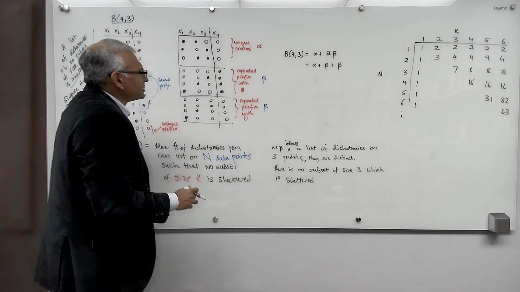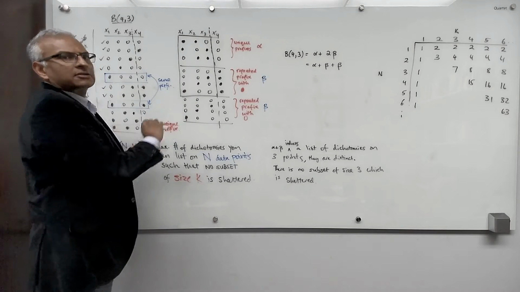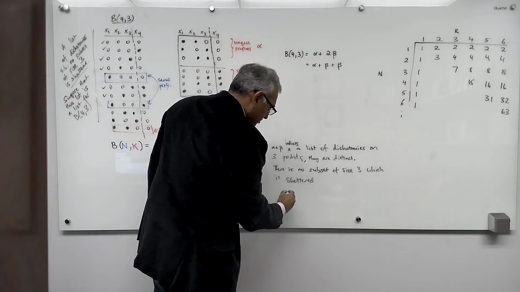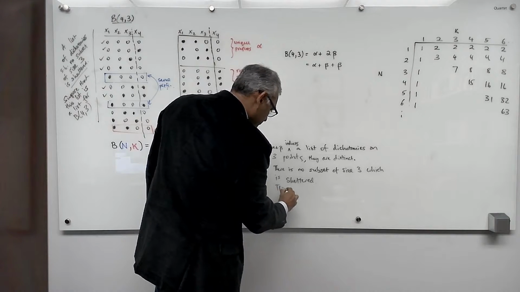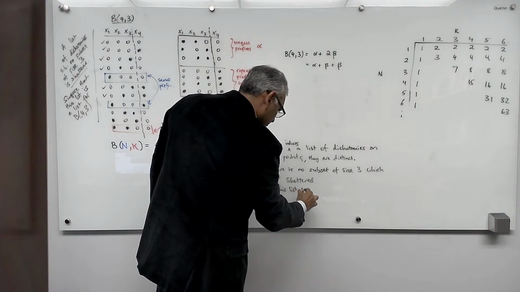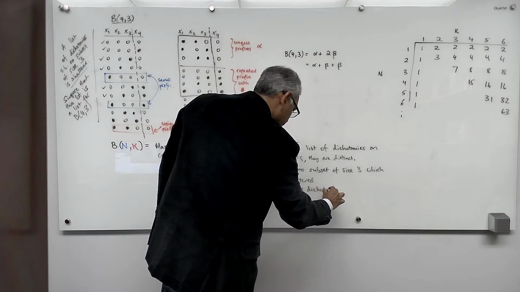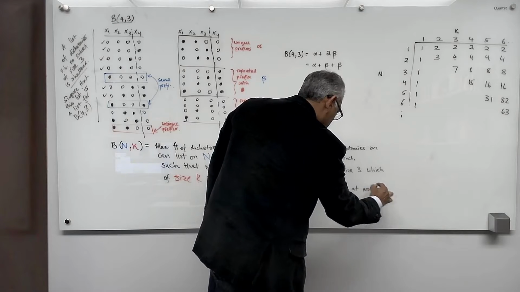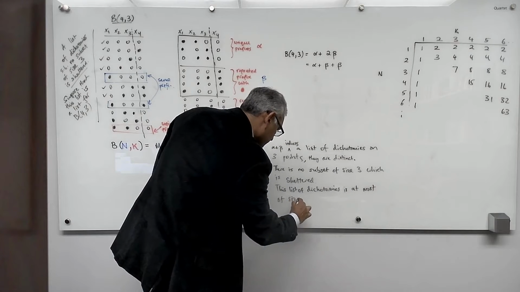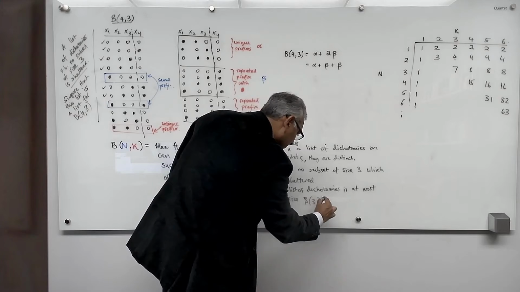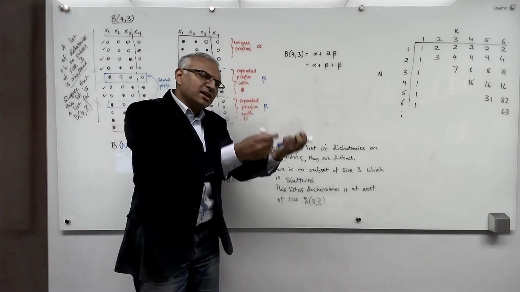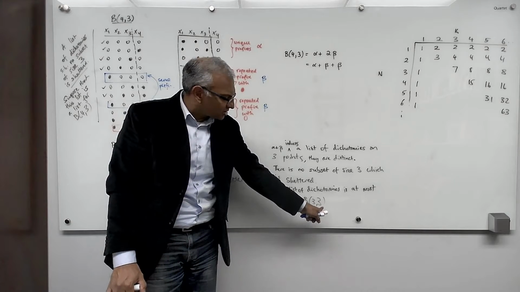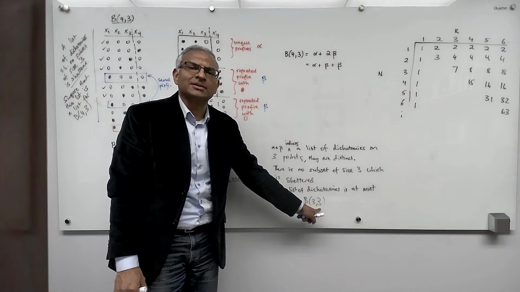What this means is that this list of dichotomies is of size at most B(3,3), because B(3,3) is the maximum list of dichotomies you can list on 3 points such that no subset of size 3 is shattered.